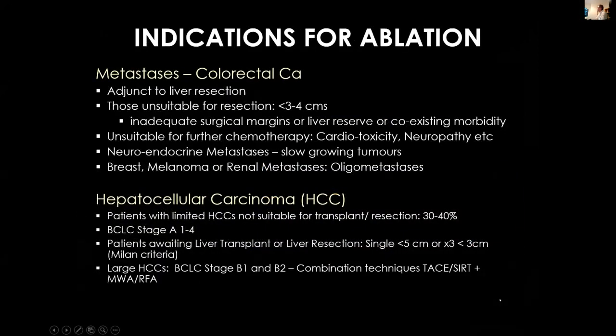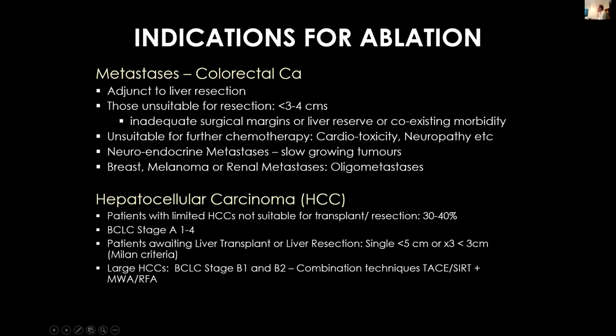First of all, what are the indications for ablation? It's mainly used for colorectal cancer with liver metastases. It is used as an adjunct to liver resection, in combination with the surgery at the time of the operation, obviously. And there are also those patients who are unsuitable for resection, usually with lesions less than 3 to 4 centimeters, largely because of inadequate surgical margin or liver reserve, or because of coexisting morbidity.